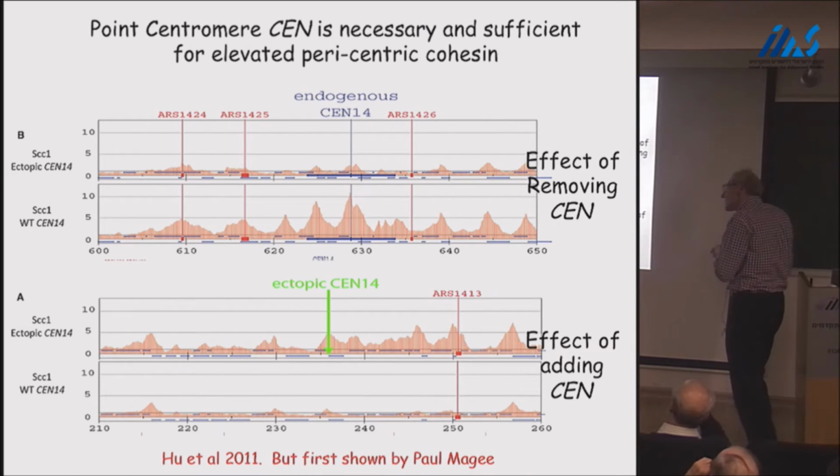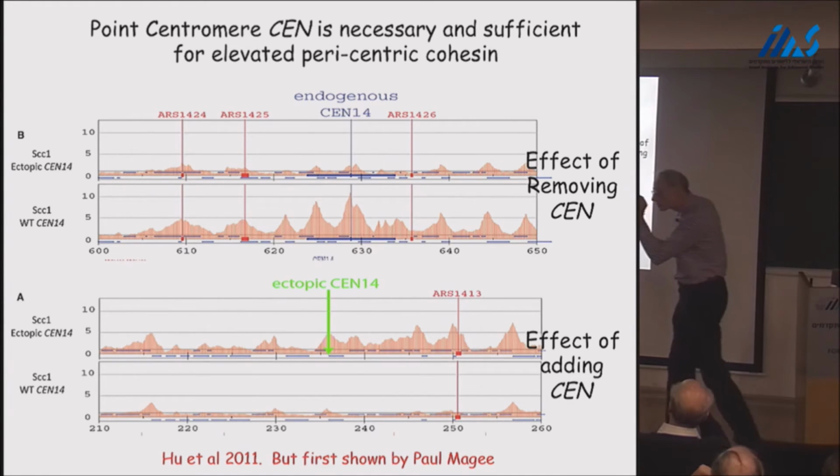If you take a particular chromosome and remove the centromere, so normally here's the centromere of chromosome 14, and this is this pericentric cohesin on that chromosome. And then if you remove just that point centromere, you see all of that heightened levels of pericentric cohesin disappears. And then you put it in an ectopic site where normally there's not a lot of cohesin, and now in the surrounding region you now get very high levels.